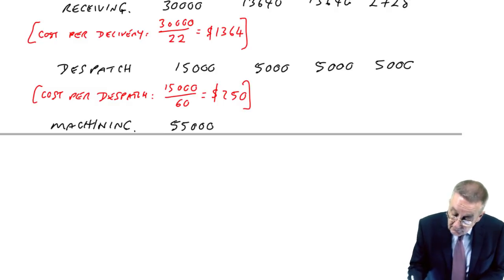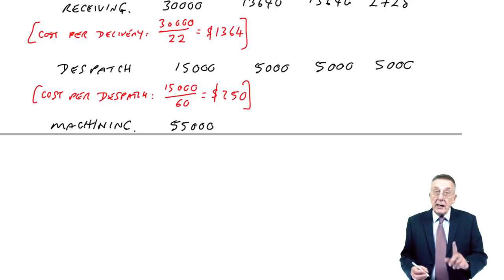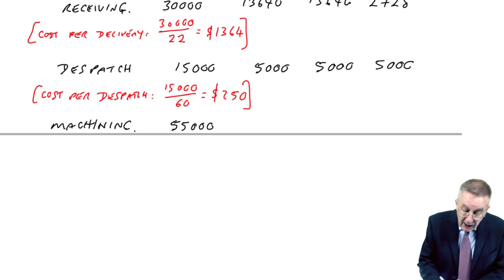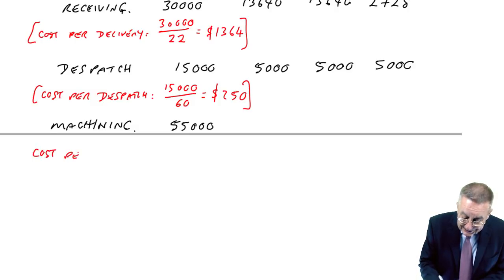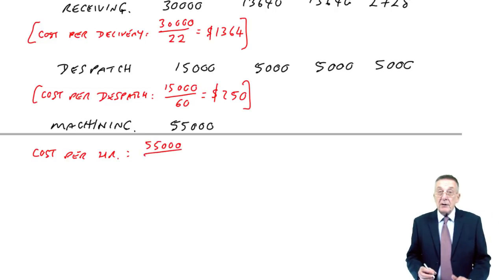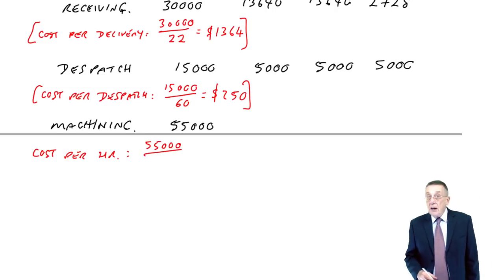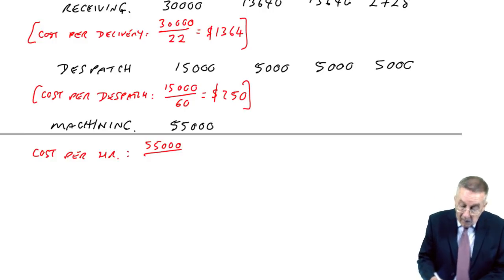And so we need a little bit of workings. We are going to do the cost per hour. It will be 55,000 divided by the total number of hours, but how many hours are there in total?